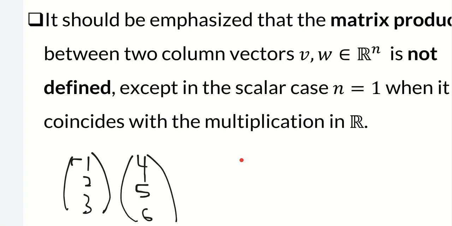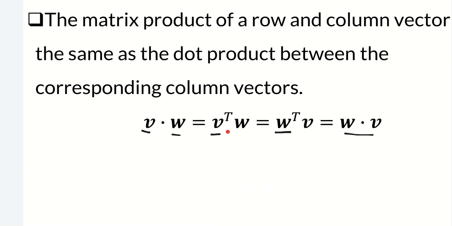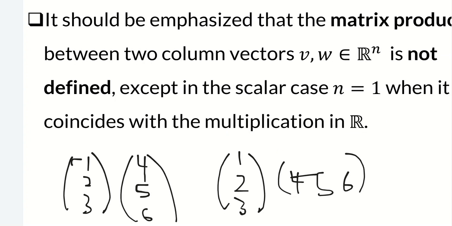All right. So how do you do that? We can keep the first column and transpose the second one, which is 4, 5, 6. Or, as you saw, we can transpose the first one and multiply with the second one, or transpose the second one and multiply by the first one.